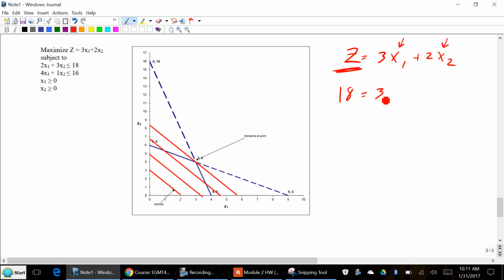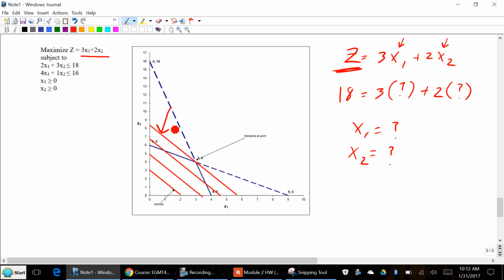And then I'm going to say 3 times this plus 2 times this. What values do x1 and x2 have to be such that Z is equal to 18? Turns out there's an infinite number of values that give you 18 from this equation. The problem is when you increase x1, you have to decrease x2. And if you were to plot all of those points, you get one of these lines.